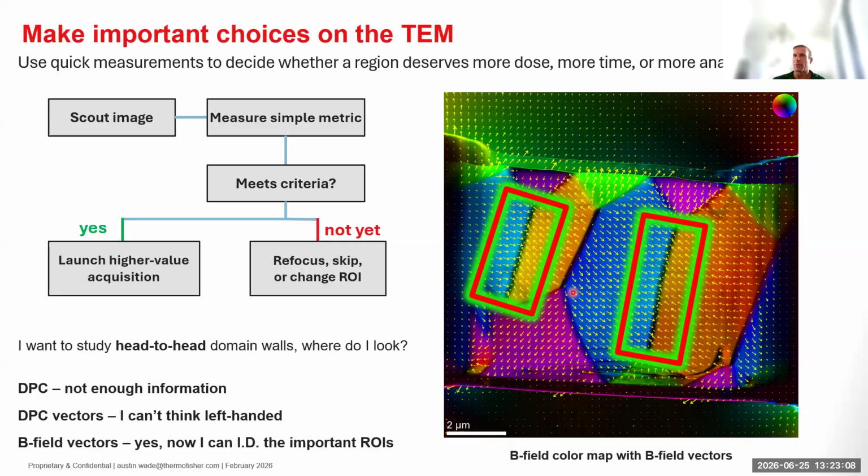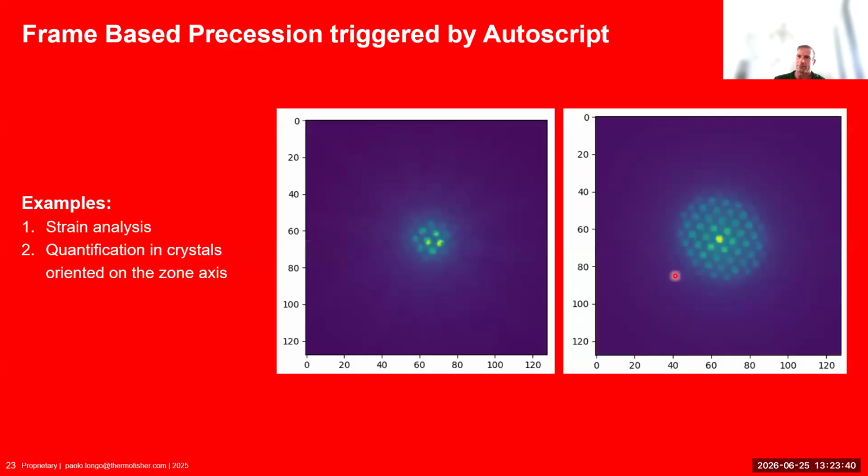If all these criteria are met, the microscope automatically will launch the higher value acquisition. This is an example you can see here, with all your magnetic field vectors. This is a very nice example of something that you can obtain through AutoScript with scripting.